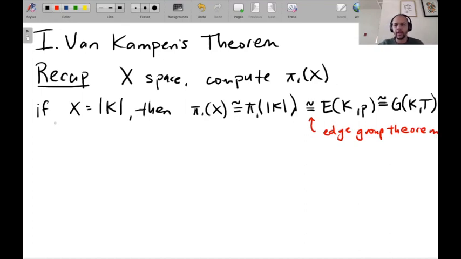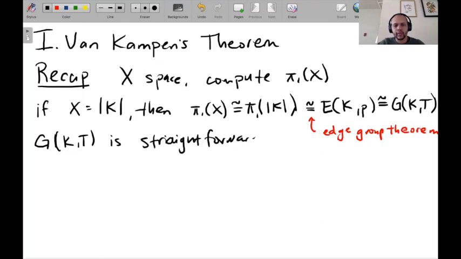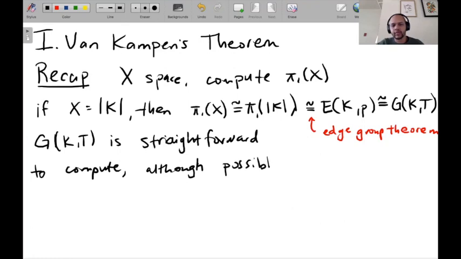And right, the point of all of these isomorphisms is that this last group, GKT, is, I'll say, straightforward to compute, although it can be tedious, especially if your simplicial complex has a lot of simplices.